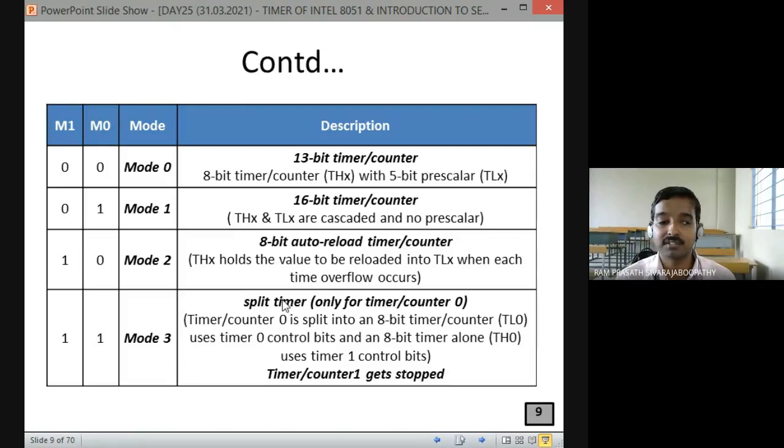It cannot be used as a counter. Notice that timer/counter 0 is split into an 8-bit timer/counter TL0, which uses the timer 0 control bits, and an 8-bit timer alone TH0, which uses the timer 1 control bits. We have not yet mentioned the timer 1 and timer 0 control bits. That portion is available in the TCON register.